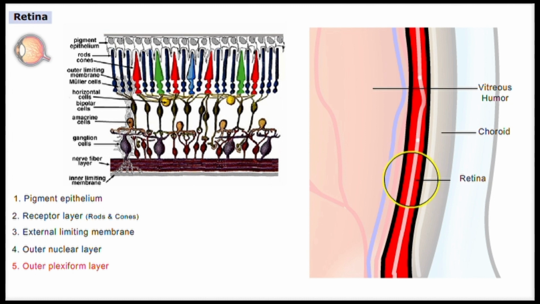In the next layer, bipolar and amacrine cells. Here is a general one-to-one relationship between cones and bipolar cells. However, many rods can connect to one bipolar cell. Sixth layer is the inner nuclear layer, which consists of cell bodies of bipolar cells, amacrine cells, and horizontal cells.